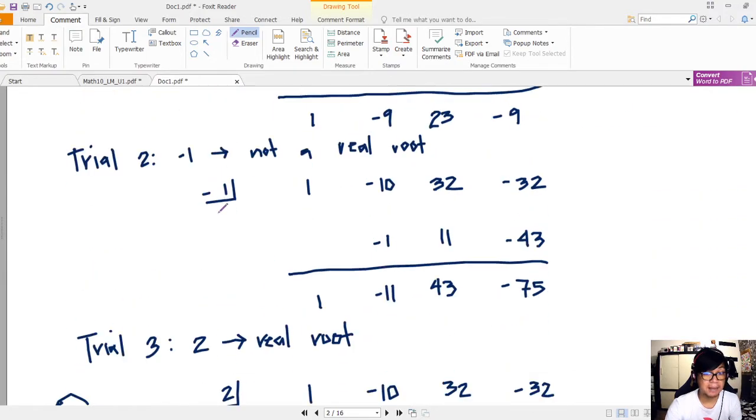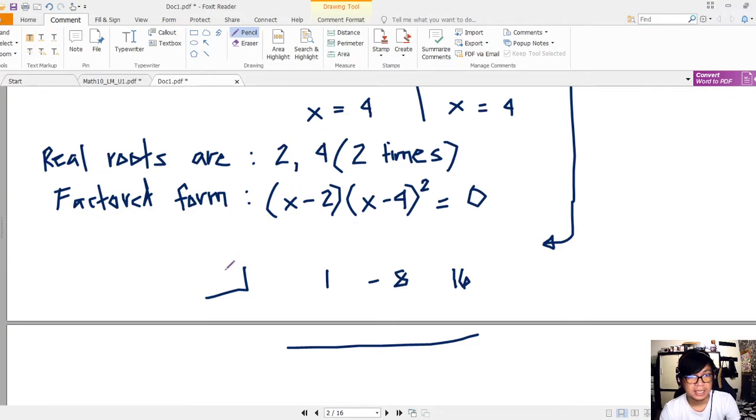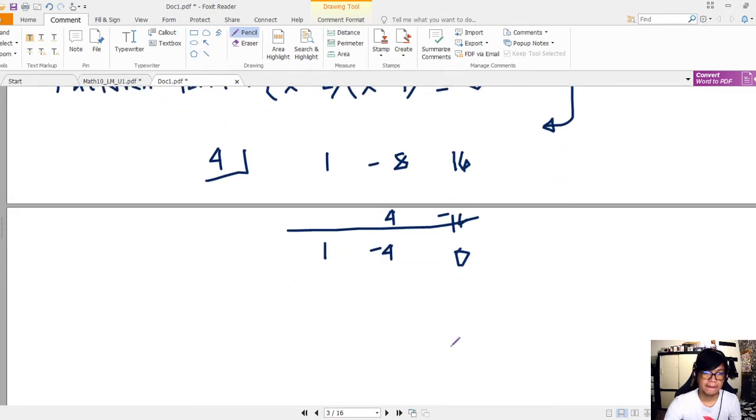So since nalalaman na natin dito yung answer, so try natin yung 4 using synthetic division. So 4, 1 is 4, negative 4, negative 16. So 0. After that, yung 4 nating solution niya siya.